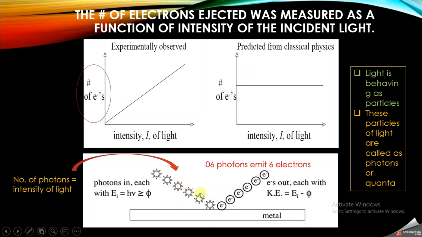It's not acting as a wave here, it is acting as a particle, and these particles are called photons or quantum. So this experiment basically proved the photon nature, or the particle nature, of light waves.